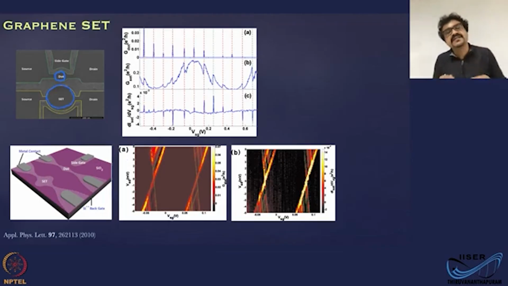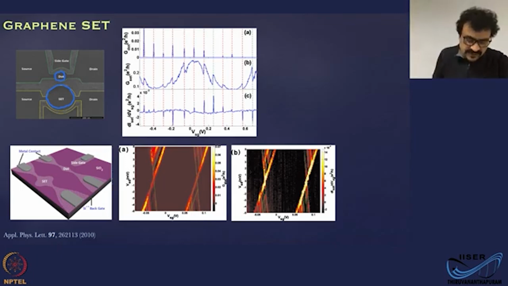As I discussed, single electron transistor generally is referred to for larger quantum dots, while the smaller quantum dots, the system under study, you always call quantum dot. And you have source and drain region for the quantum dot here, and source and drain region for the SET here. And this is a schematic diagram of these two device configurations.